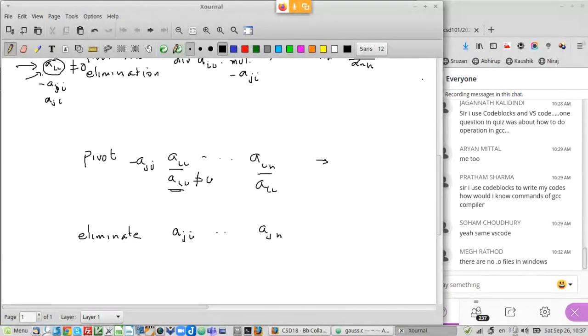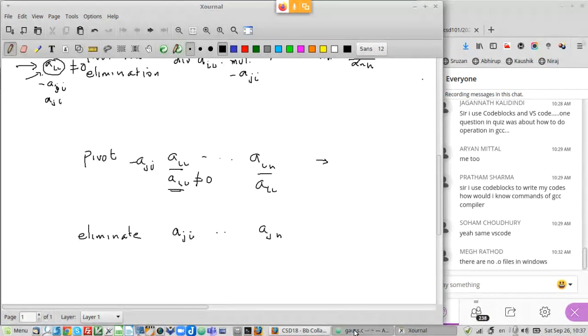If it is 0, then you search for an element in this column such that it is not 0 and exchange the two rows. You recall that that is the other elementary row operation you have. And then that becomes the pivot row.